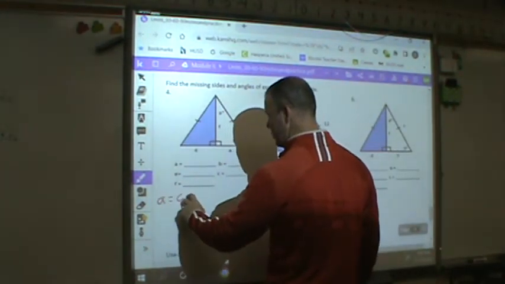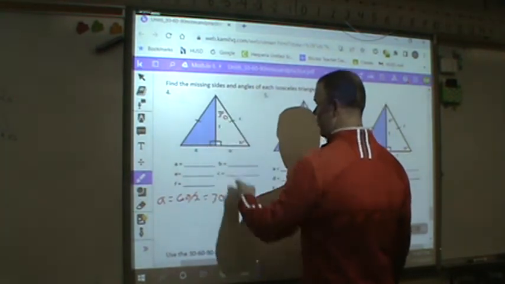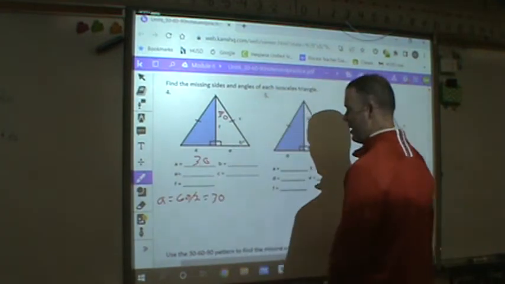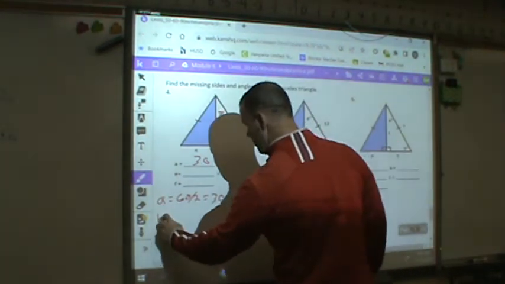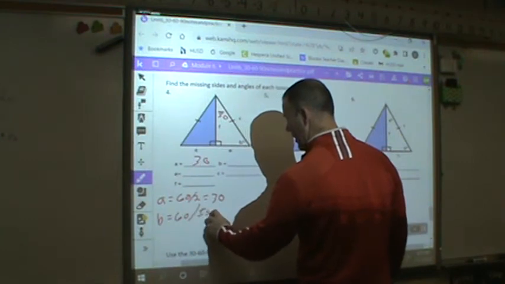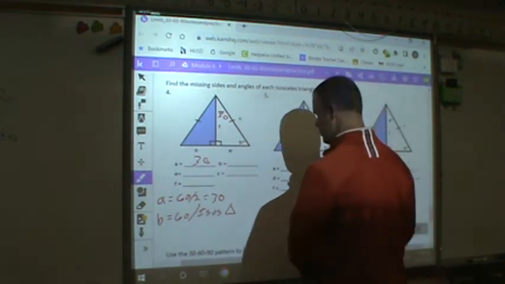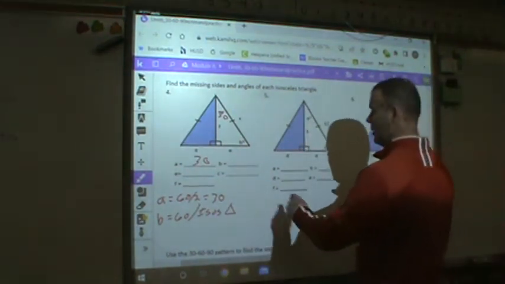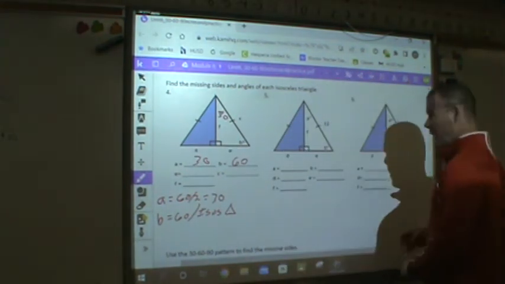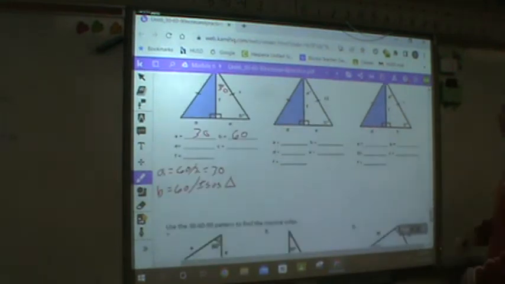A is equal to 60 divided by 2, which equals 30. So there's your evidence for that. B is equal to 60 degrees, and you can just put isosceles triangle. All angles are equal, so B is 60. Again, just showing evidence that you know something.